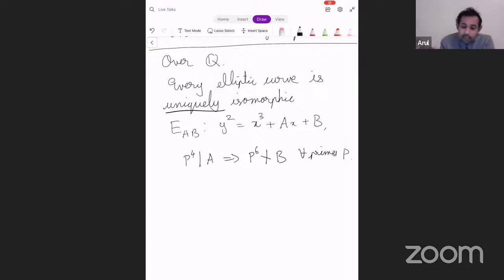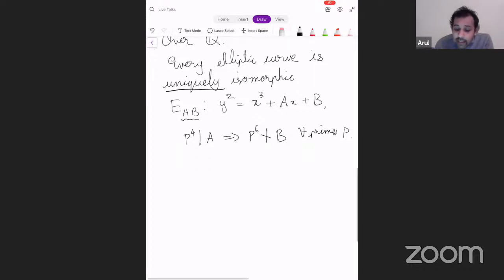This is a really nice condition, and what it says is that if you're interested in understanding the set of all elliptic curves over Q, you can do that by just studying pairs of integers A and B such that p to the 4 dividing A implies p to the 6 does not divide B.